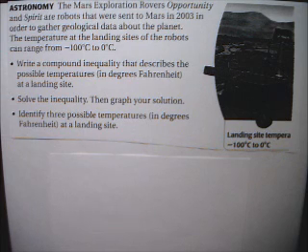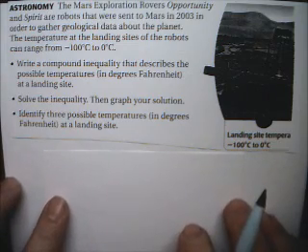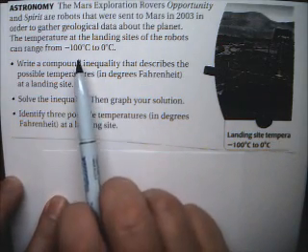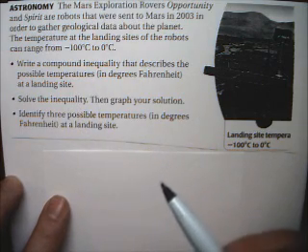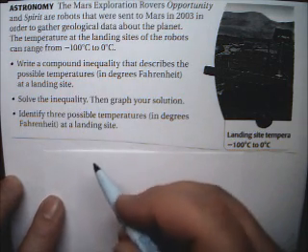Now I'm going to do this question quite a bit differently from the book. You can follow along in the book. They do a good job, but it just doesn't make sense to me the way they do it. Anyway, it says that this temperature can range from minus 100 all the way up to 0.